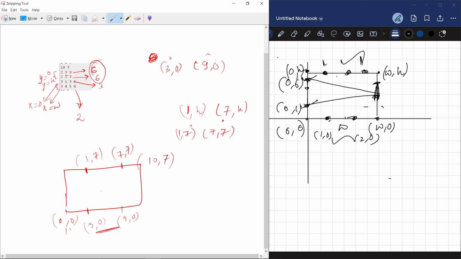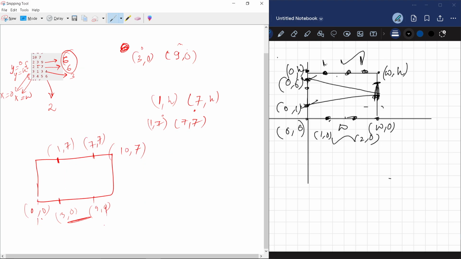No, either the line point should lie on these both or this line to maximize the area.